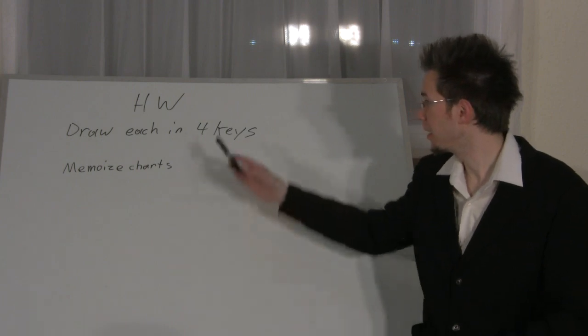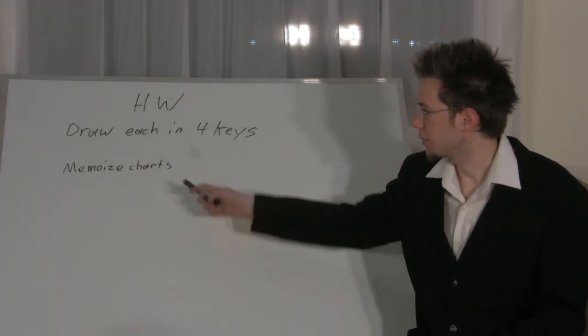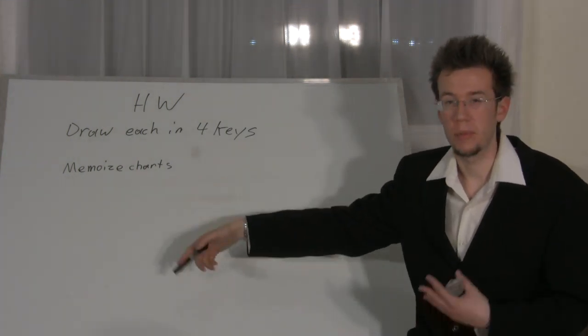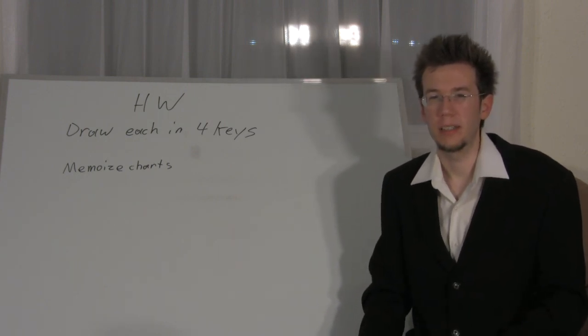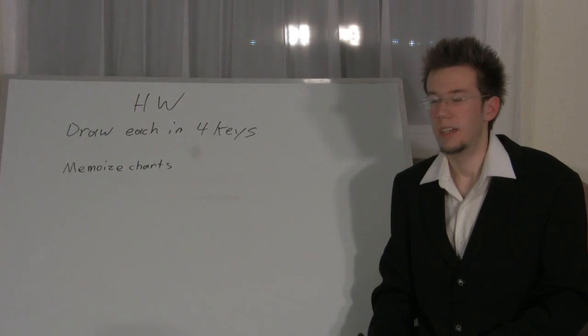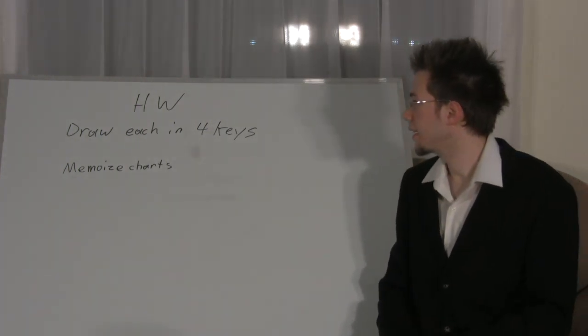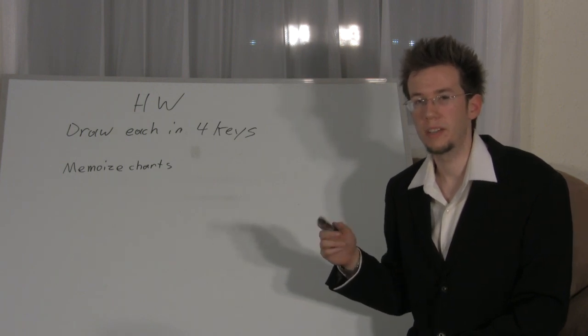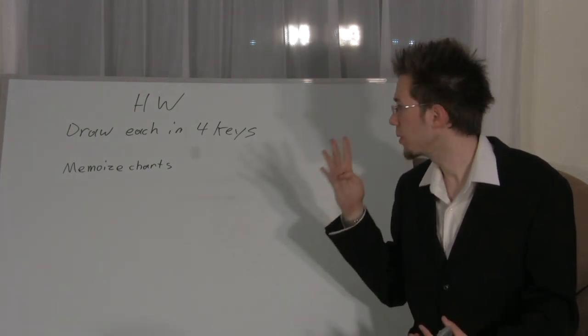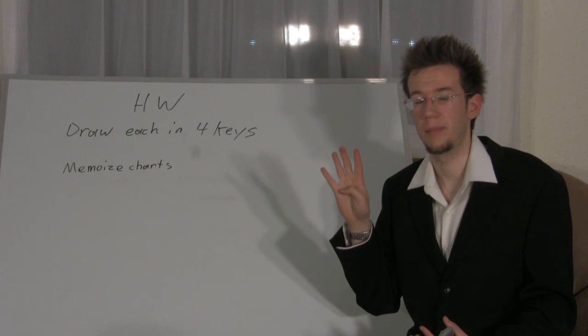Okay, so for your homework, what I want you to do is first memorize the charts. So memorize all the charts, draw them down, make sure you got them. So remember that saying, I don't play loud music after lunch. And the other thing is I want you to take each single mode and draw that mode in 4 different keys. Okay?